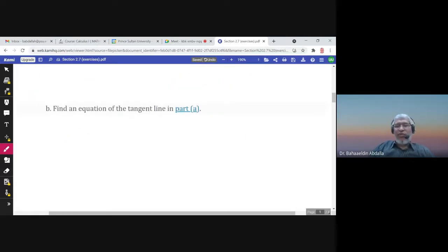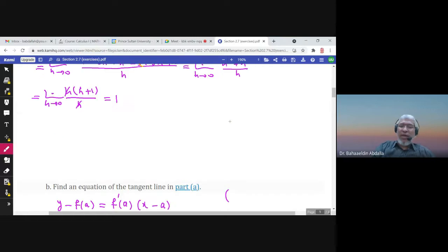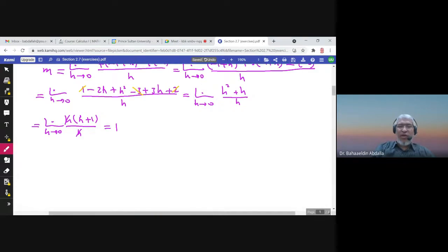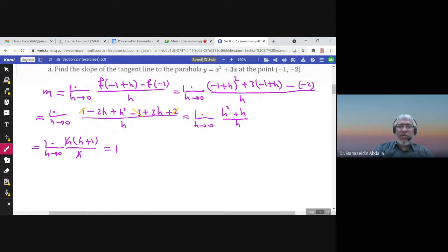Find an equation of the tangent line. Well, the equation of the tangent line is y minus f of a equals f prime of a times x minus a. And the point is negative 1, negative 2. So this is a and f of a. So the equation is y minus negative 2, plus 2. F prime of negative 1, we found it to be 1.